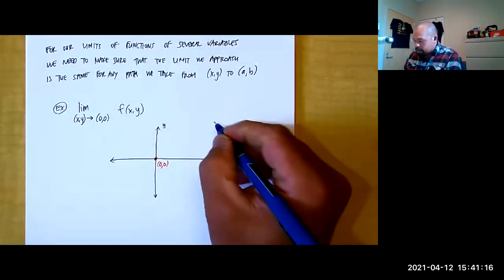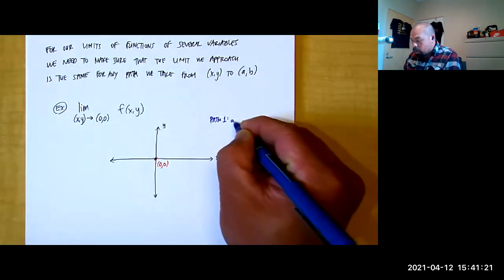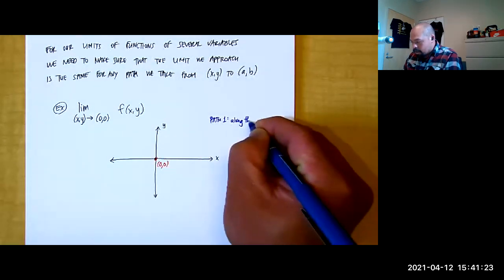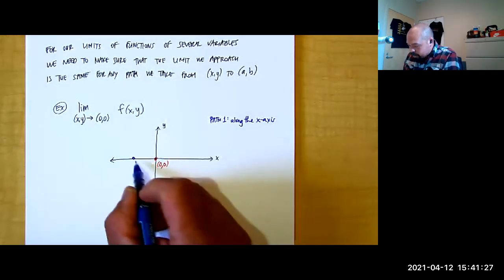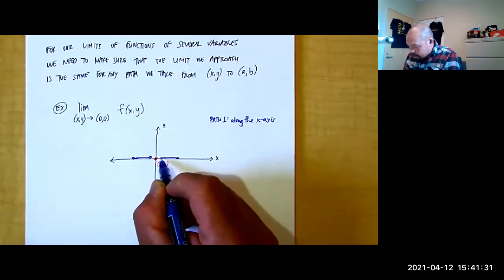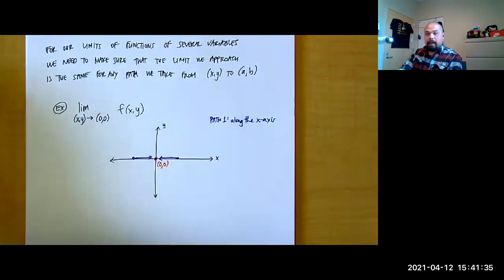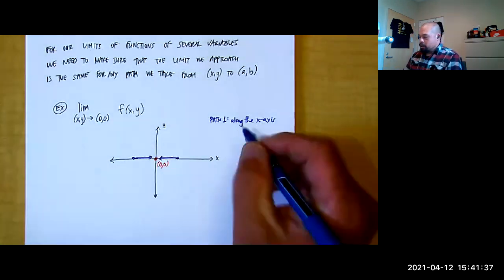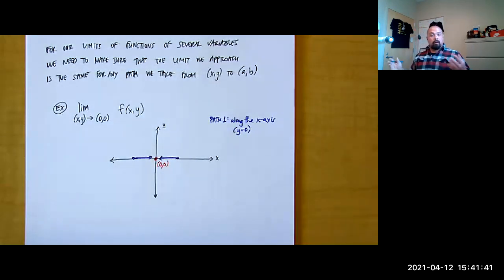And so this discussion, path 1, right, we can go along that x-axis. I can take these different points and head towards the origin along the x-axis. So in this case, y is equal to 0 always there. But x can be any value, right?